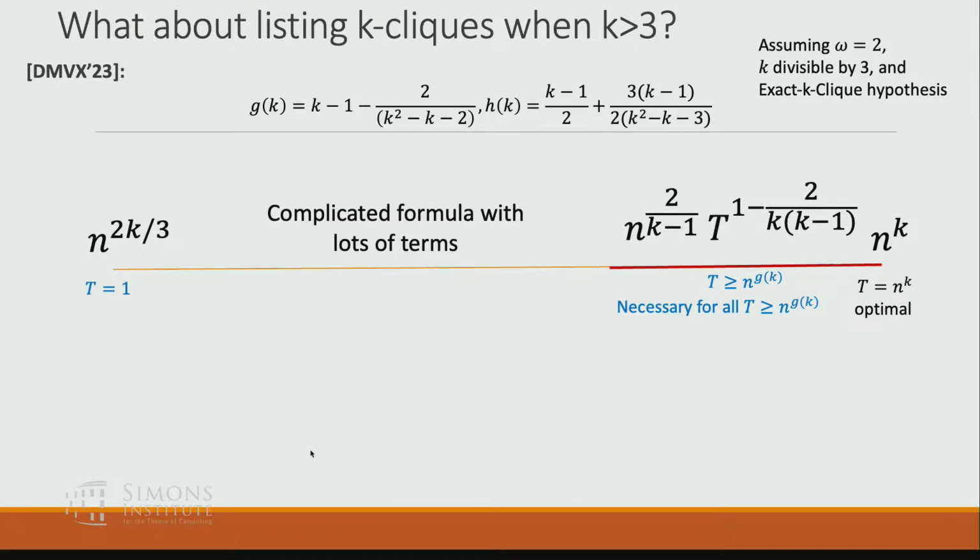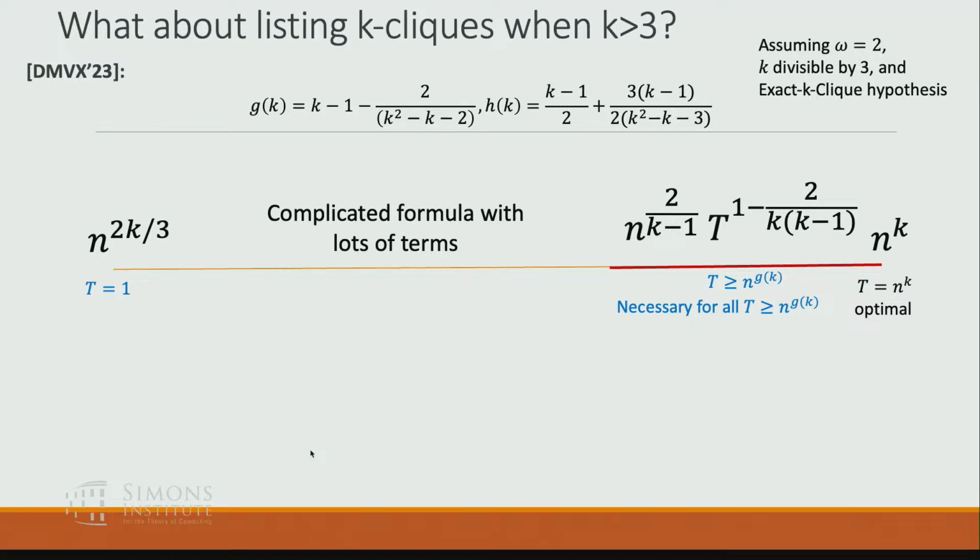This is also similar for the case of triangle listing, where recall in Patrascu's result, we know that listing m triangles in a graph requires m to the 4/3 time, but we don't know about listing one triangle in a graph under the 3SUM hypothesis. There's something known under a stronger hypothesis. So here it's similar.